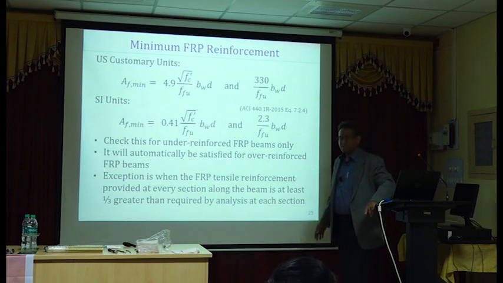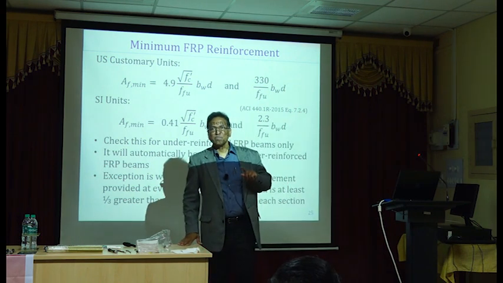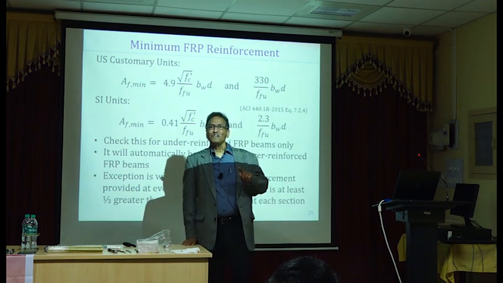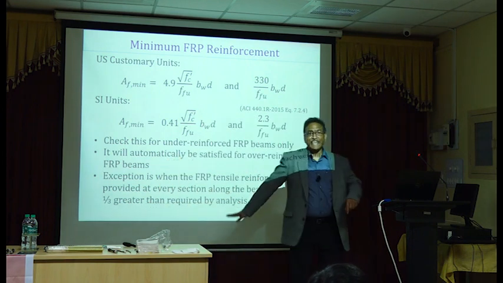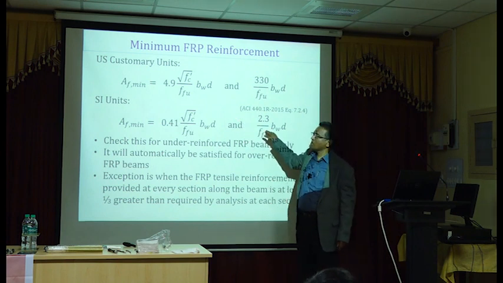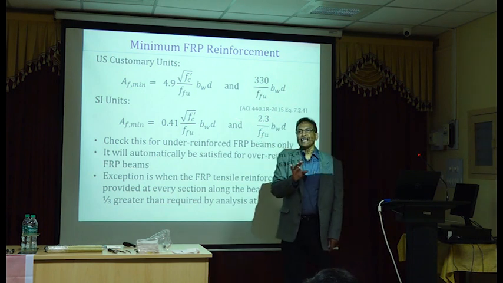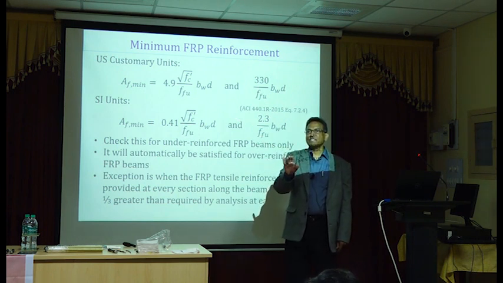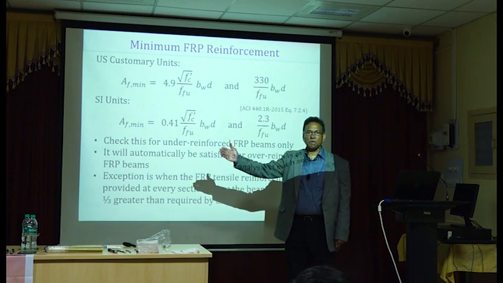Now there is an exception to this. This you may find useful. Those of you who discussed with me regarding design of slabs, you may find this interesting and useful. What is this? This is an exception. You really don't have to use minimum reinforcement if your moment strength is at least 3 times the required strength throughout the length of the member.